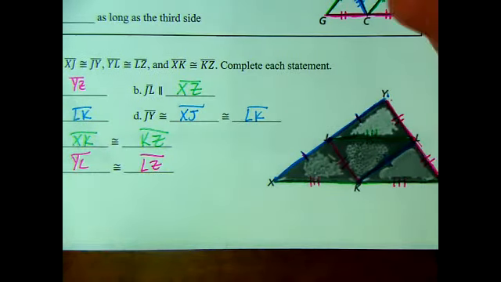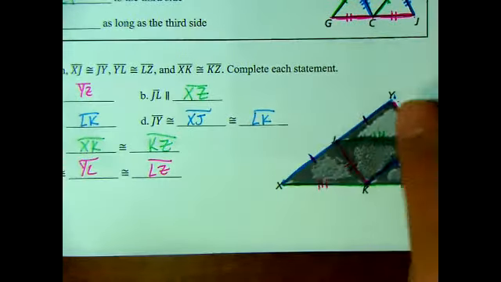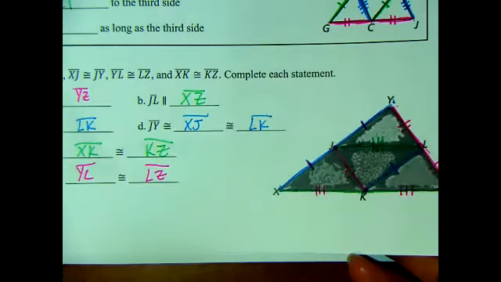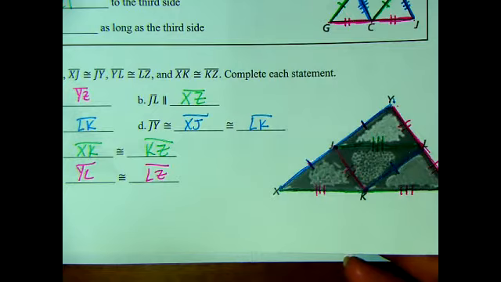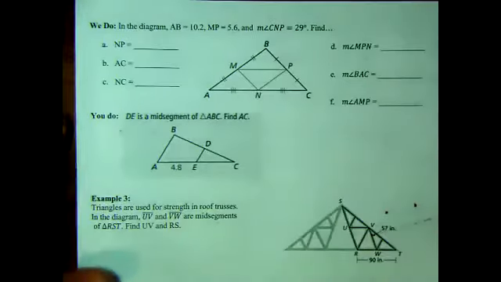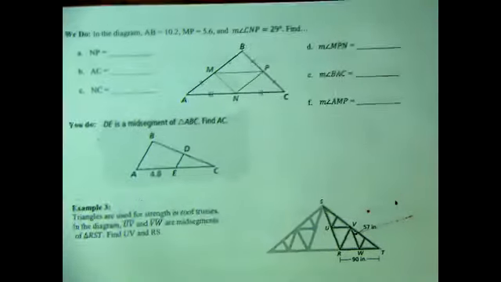So now that we know there's a bunch of parallel stuff and a bunch of congruent stuff, we want to actually add in some problems where we're going to be solving for some missing values. We're going to do some quick math here.